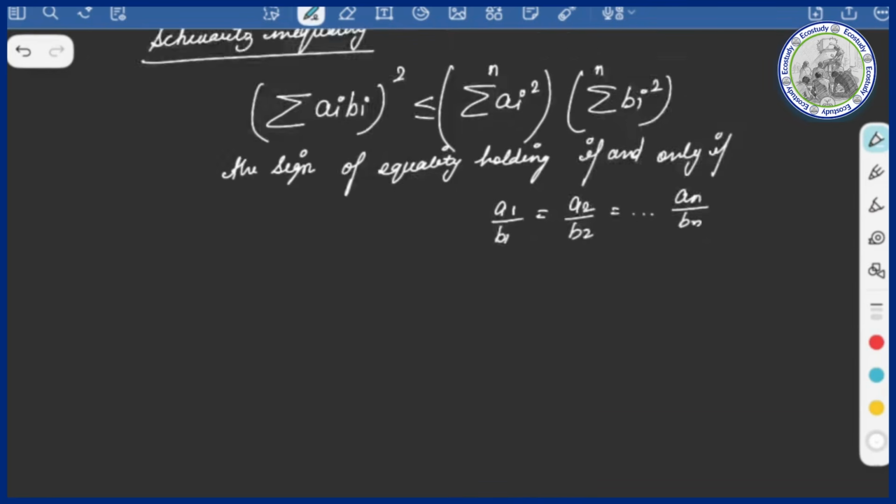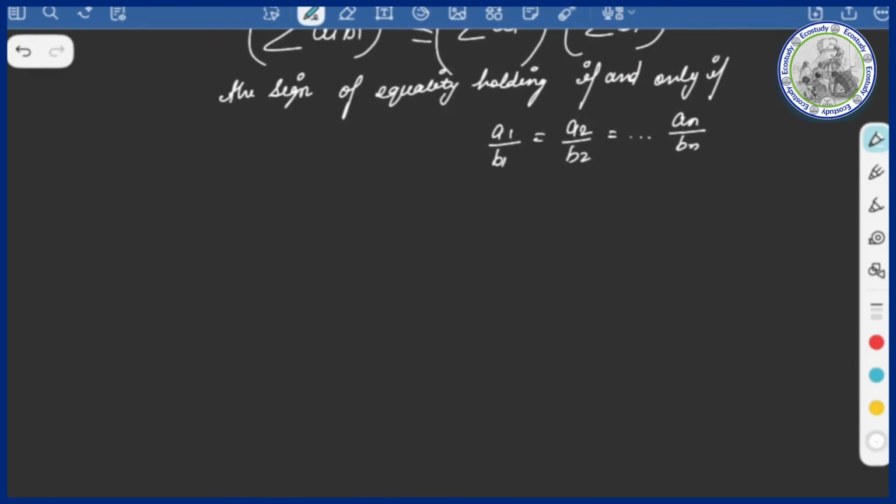So using Schwartz inequality, we get r square xy is less than or equal to 1, that is, modulus of r xy is less than or equal to 1. From here, when we break the modulus sign, we get minus 1 as well.